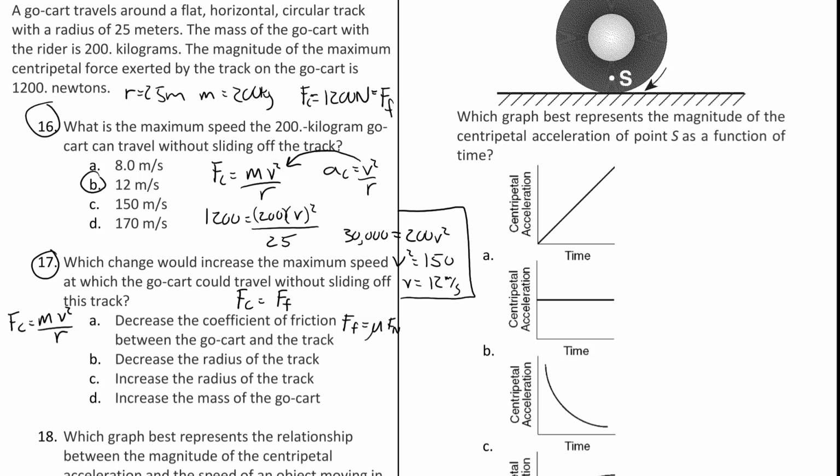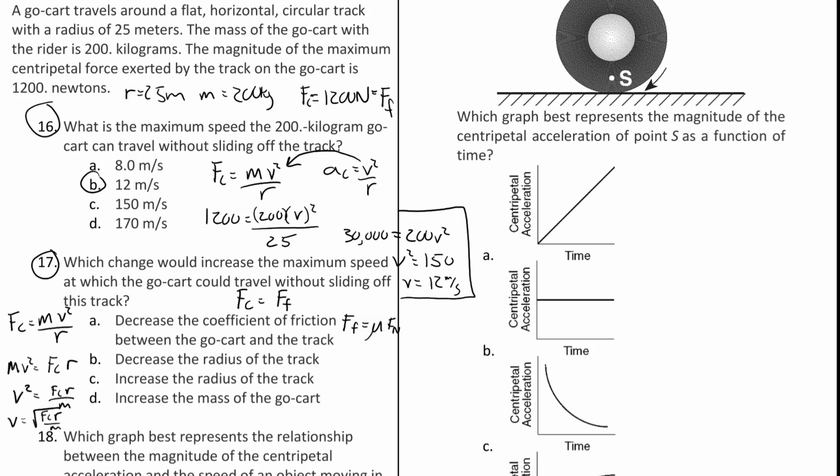So we're solving for V. We get mv squared is equal to FcR. Then you divide both sides by the mass, and you get V is equal to the square root of FcR divided by the mass.